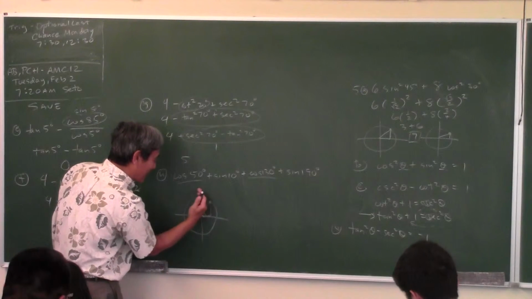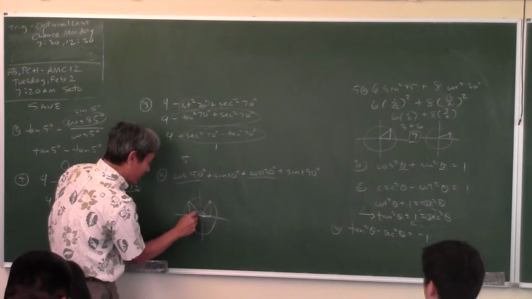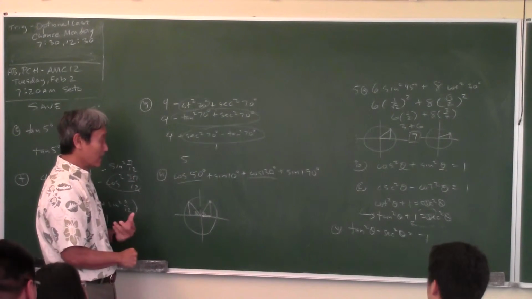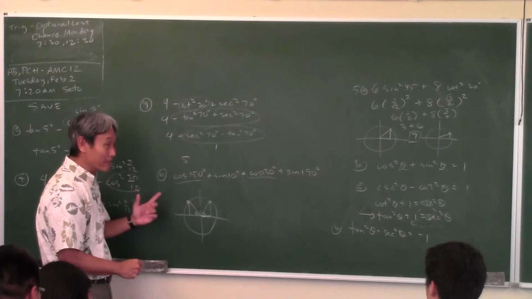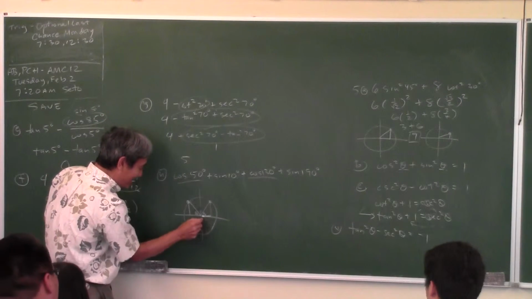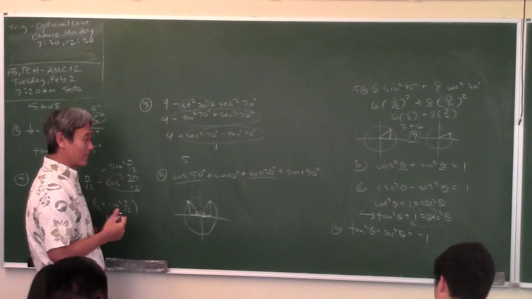Again, it's going to be like 90 plus 40, so it's going to be up here. Which of course means that, hey, that's a 50-degree angle right there then, right? Yeah. Cosine is the x-coordinate of that point. So even if I don't know what that number is, if I take this x-coordinate and add it to that x-coordinate, what's going to happen?